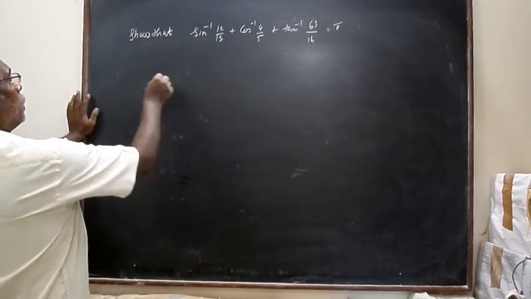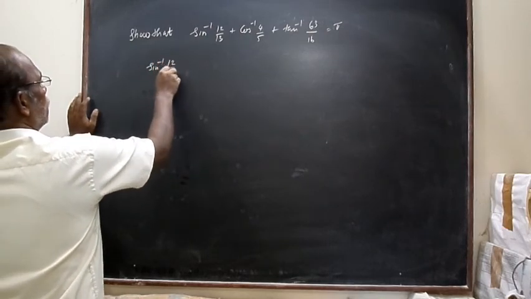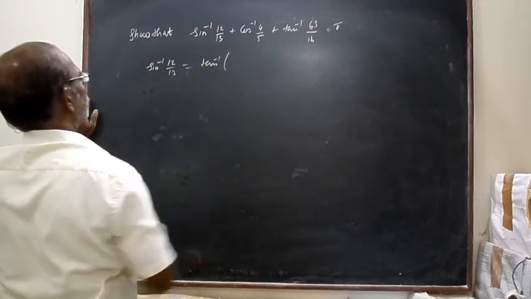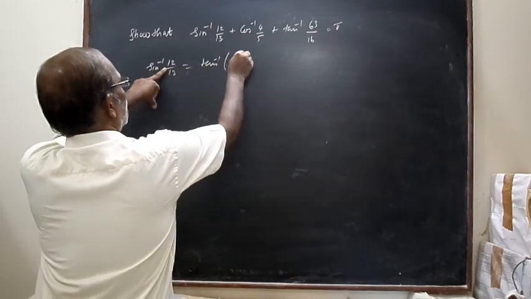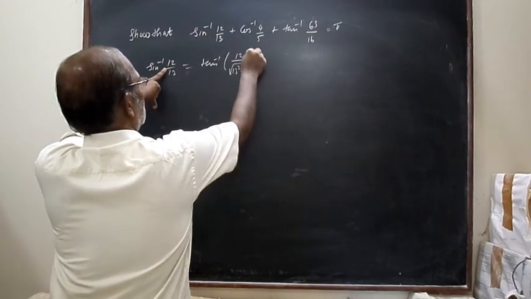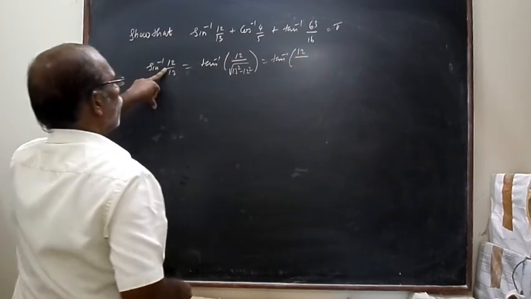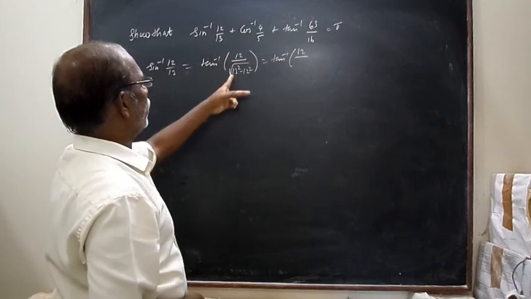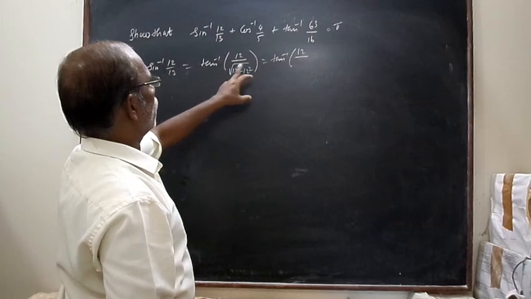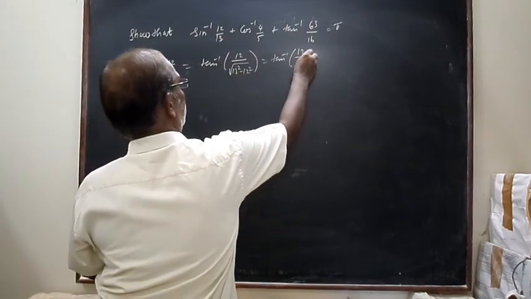In order to prove this, applying conversion, sin inverse of 12/13 is tan inverse of opposite side 12 over adjacent side root of 13 squared minus 12 squared, which is a squared minus b squared, (a minus b)(a plus b), 25, root of 25, 5.